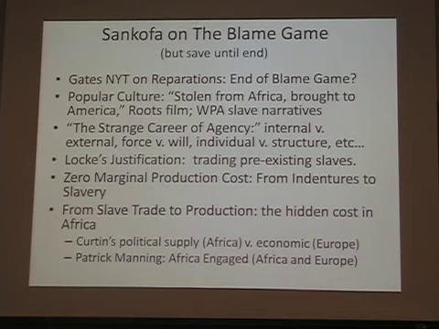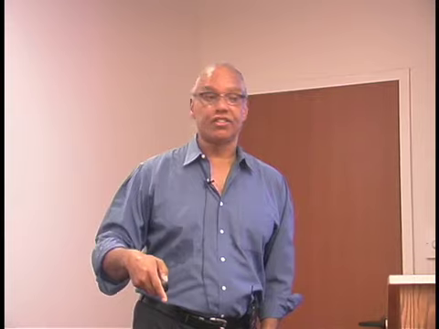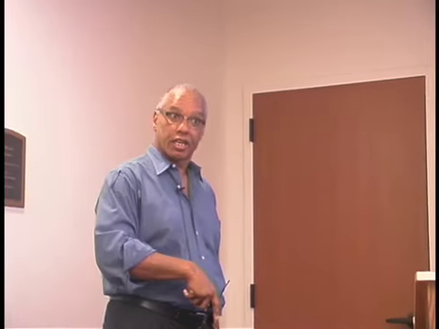Then there's a strange career of agency, where African scholars are going overboard, trying to assign agency to Africans. Okay? I think they go way, way too far on that because they have no idea what the structure of the slave trade is. Okay?